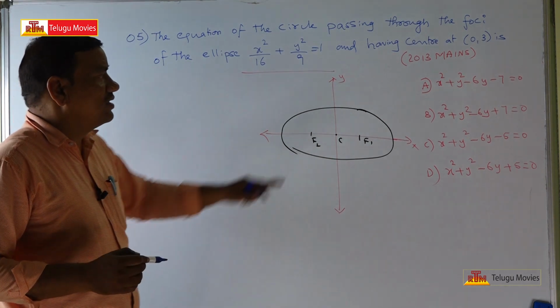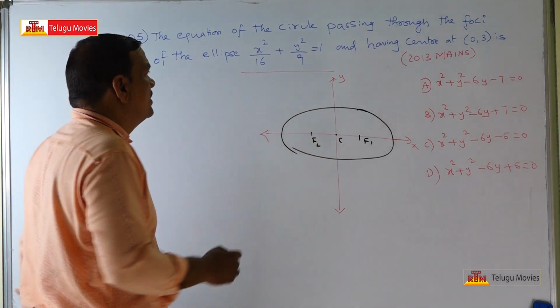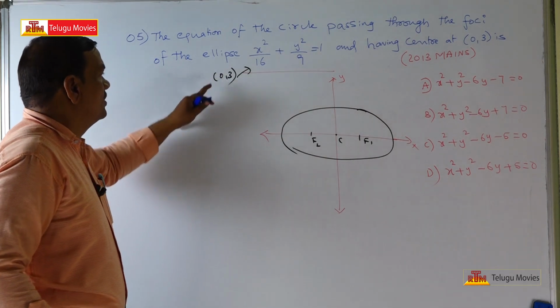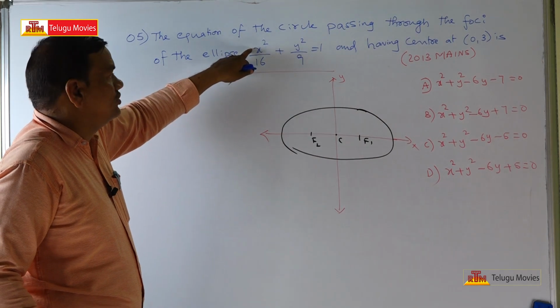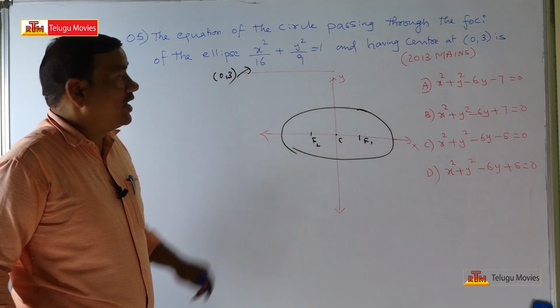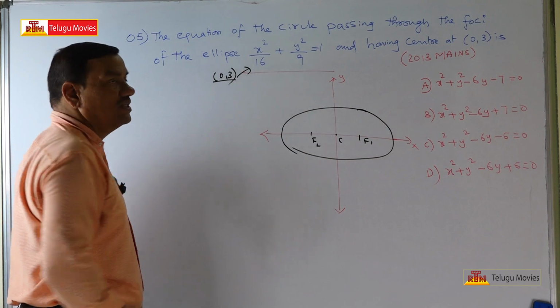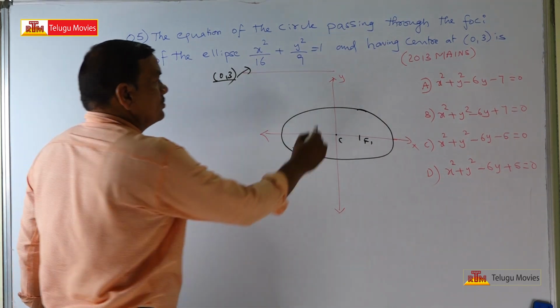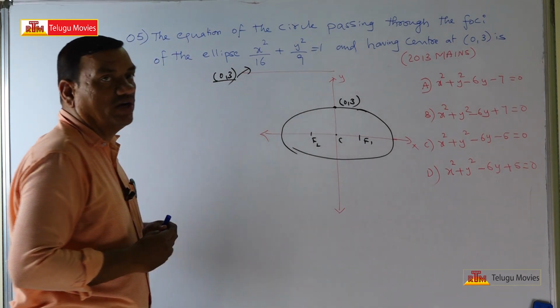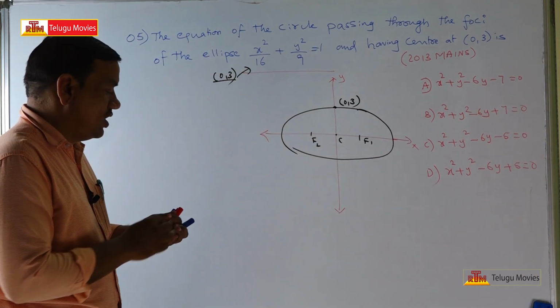If you observe, the center 0, 3 satisfies this equation. If you substitute 0 here, 0 square, and 3 square is 9, 9 by 9 is 1. Moreover, this lies on the y-axis. So the point will be 0, 3 and lies on the y-axis.